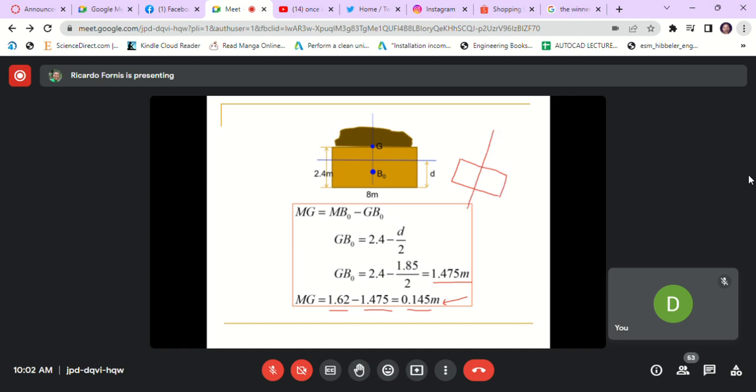Ana na siya, no? Ang reasoning, mo ni siya ang M. Mo ni siya ang BO. Kini siya mo ning G, center of gravity.